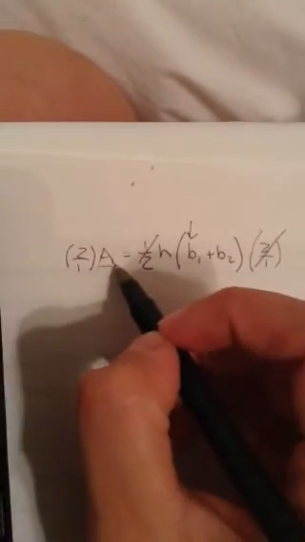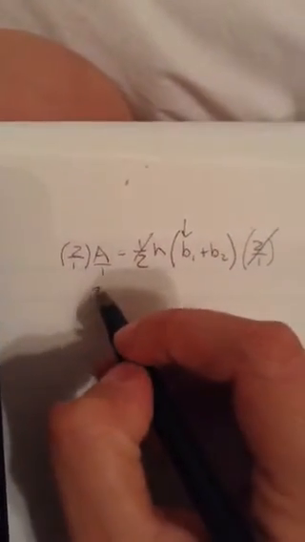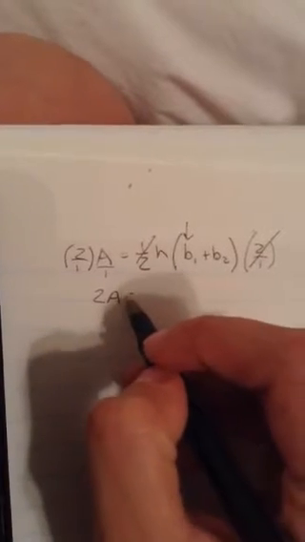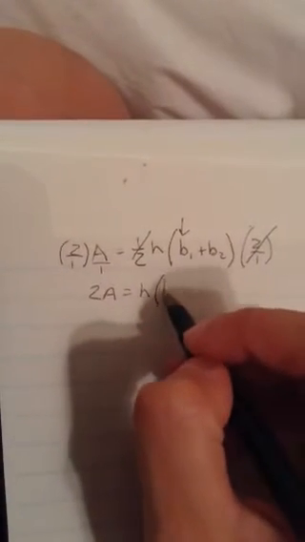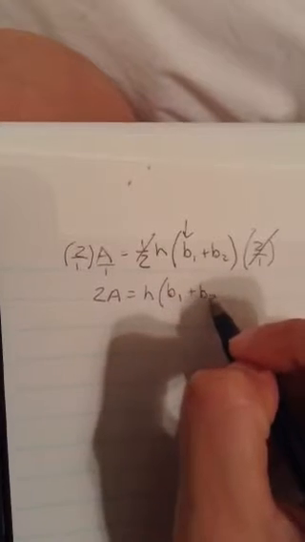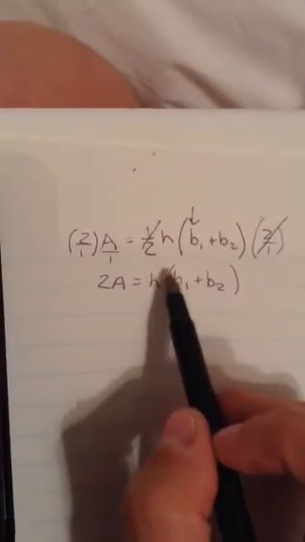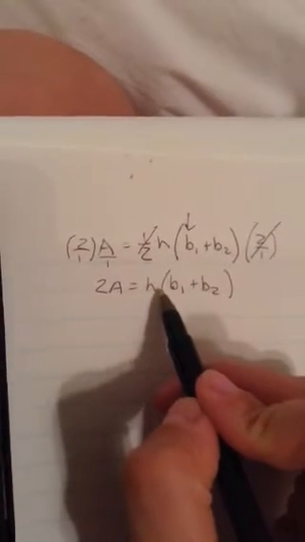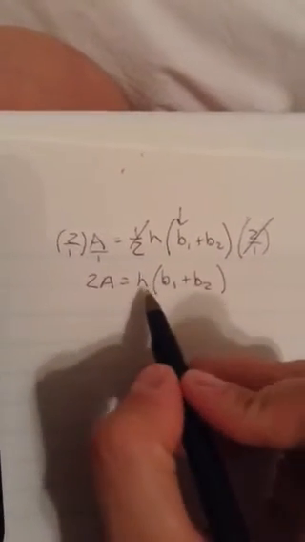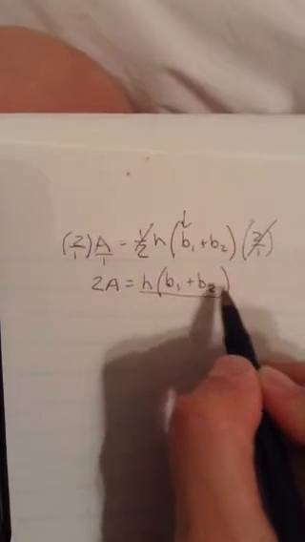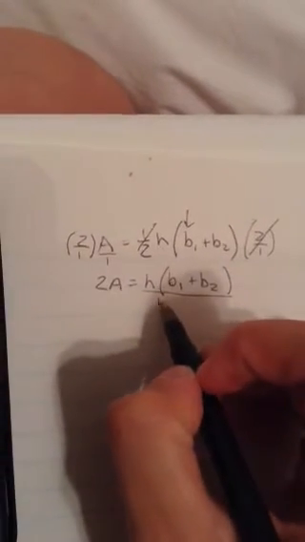Now this is like A over 1, so it's really just 2A is equal to H times the quantity B1 plus B2. Now I still want to get this B1 alone. I have this H on the outside. Because H is being multiplied by this whole thing, to get rid of it, I do the inverse operation of multiplication, which is division.